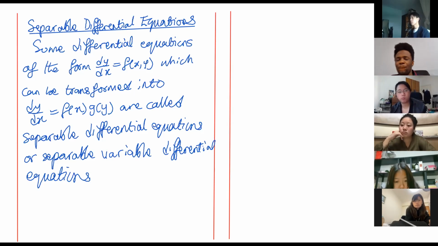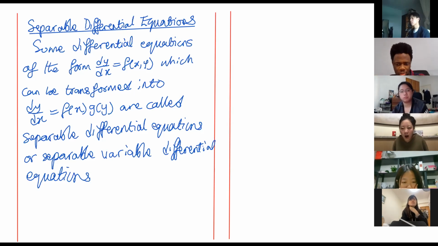Listen again. On one side, you have your dy dx, okay? On the other side, you have a function of x and y, an implicit function of x and y. However, that implicit function of x and y can be separated into product of two functions, okay?